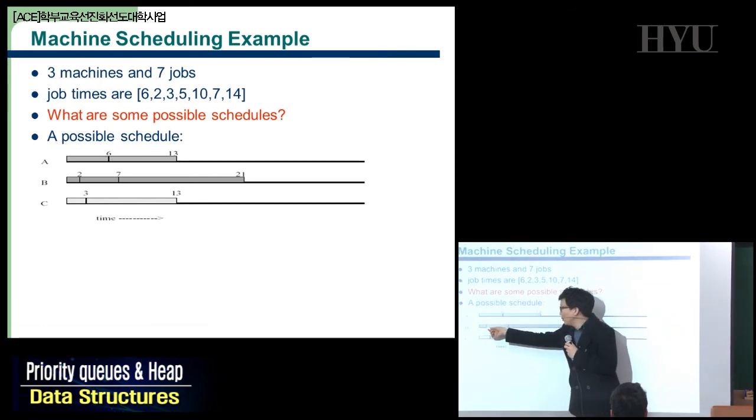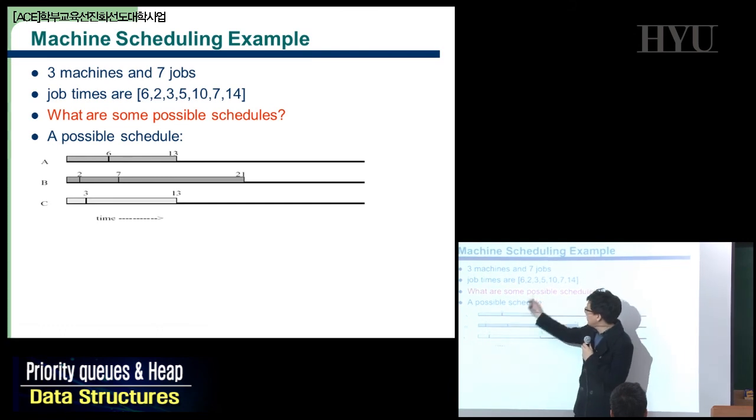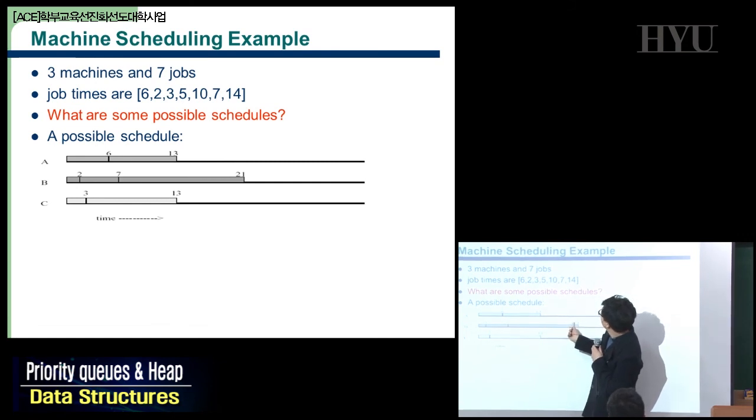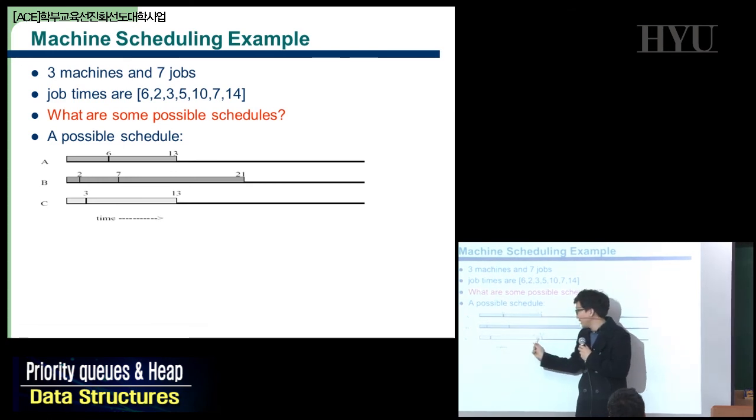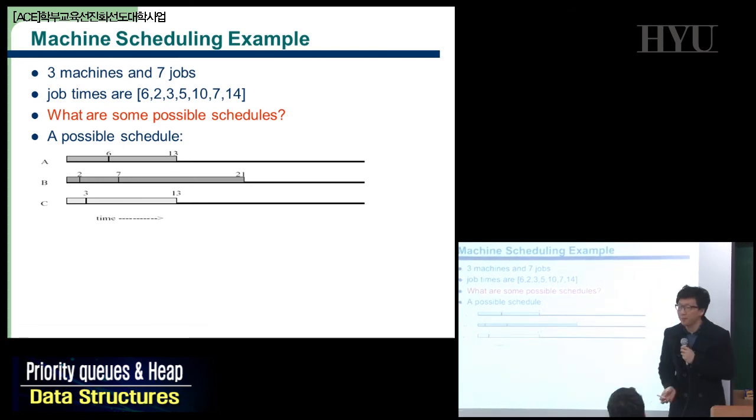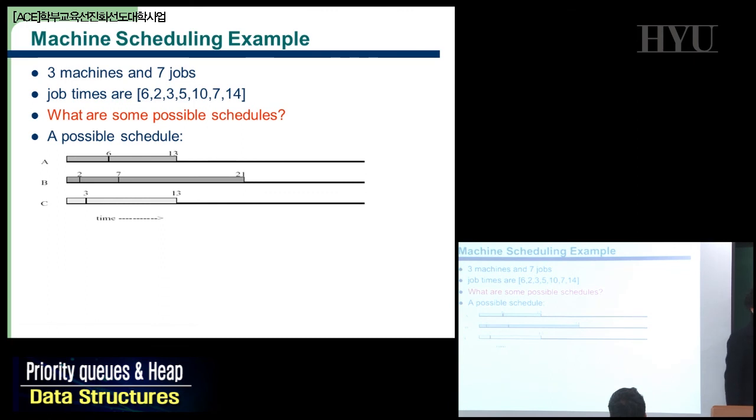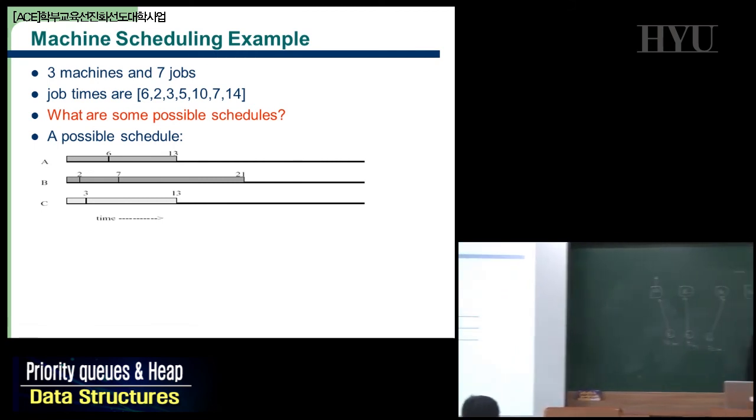Likewise, B will get a 2-second job, ending at 2, then a 5-second job, ending at 7. And then the 14-second job. Likewise, so overall, when will all the machines end? If I do this, at 21 seconds, everything will be done.